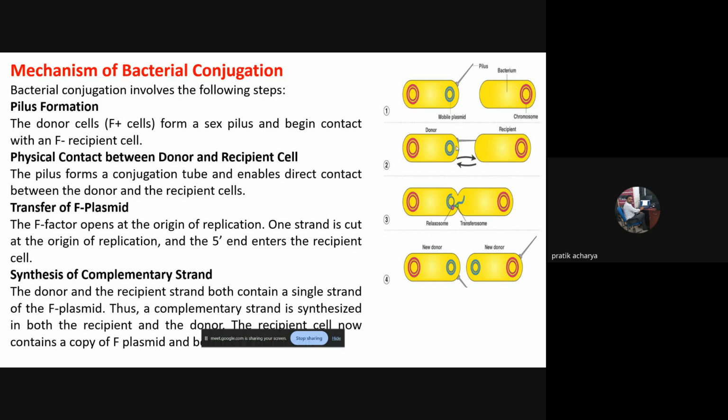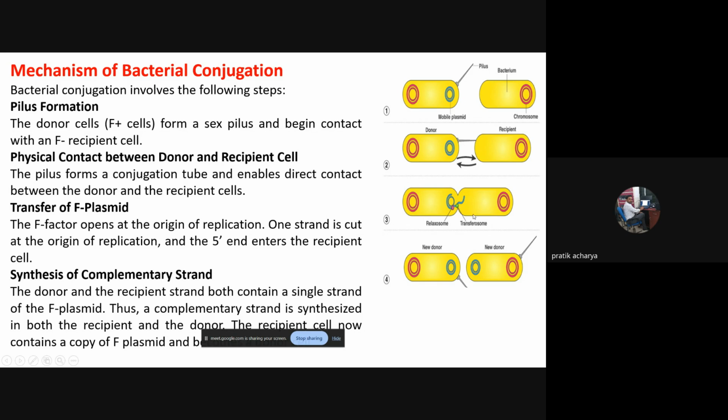This sex pilus makes a connection, a bridge, between the two bacteria through which they can interact with each other. Certain enzymes, relaxosome and transferosome, play an important role in cutting a segment of extra chromosomal DNA of the first bacteria and transferring it to the next bacteria.